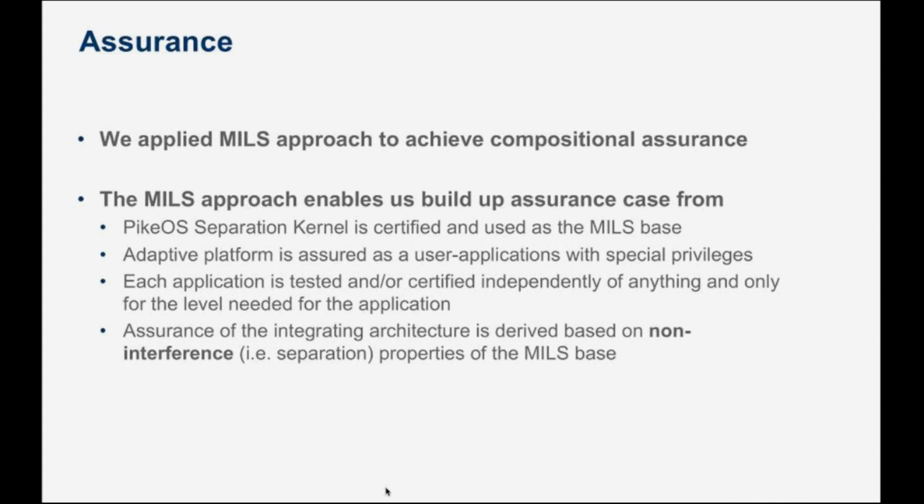Now, using the MILS approach, we are able to put together very complex systems without really getting out of hand with the amount of work and the complexity that arises from such big systems.